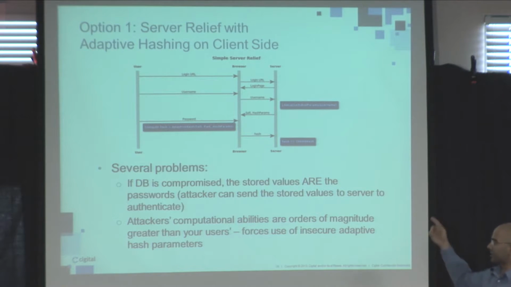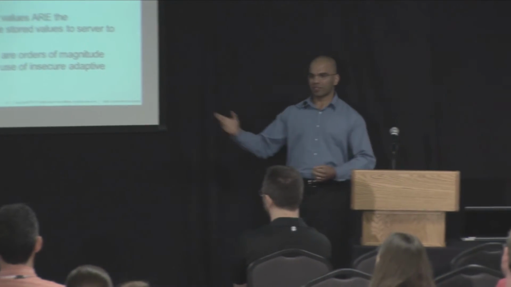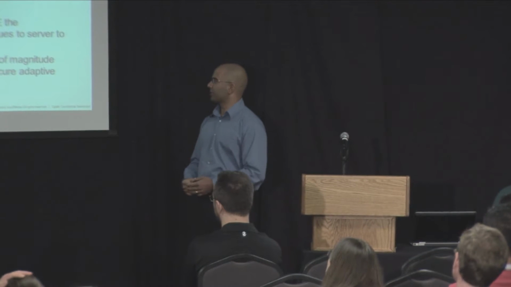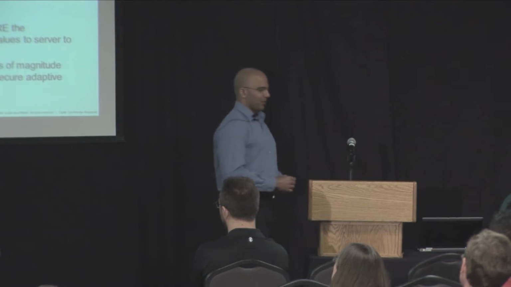If an attacker gets a copy of your passwords table, he can just send those values to the server and authenticate as those users. Those hashes are the passwords. So not a good approach to use. And also, remember that attackers' computational abilities are much, much greater than your users'. So it's going to force you to use insecure adaptive hashing parameters that are not going to slow the attacker down at all.